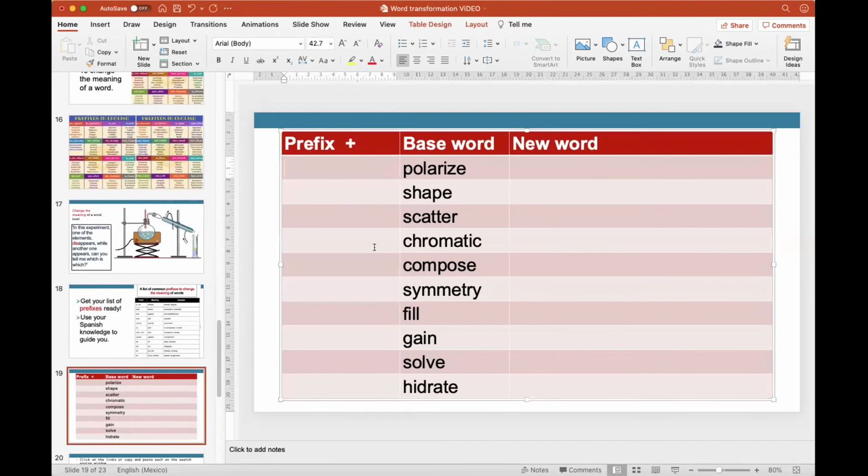What can I add here before the word? Nobody? Extra polarized. Extra, yes, which would mean an increase, lo que significaría que vamos a aumentar la polarización, ¿no?